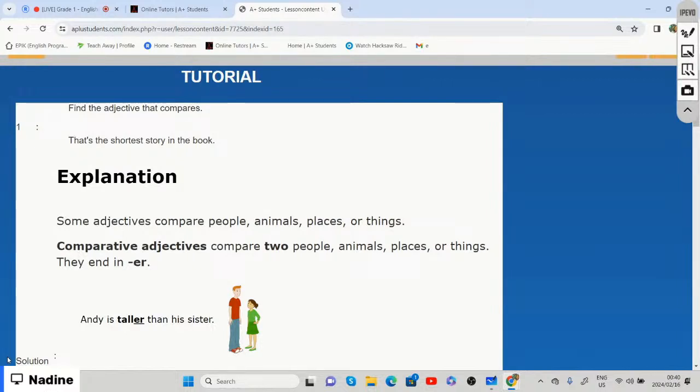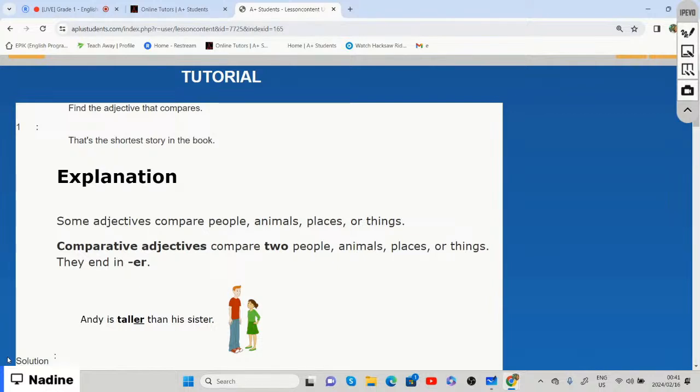That's the shortest story in the book. And we see that we compare it, and it ends in ER.